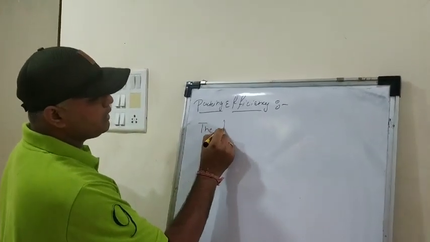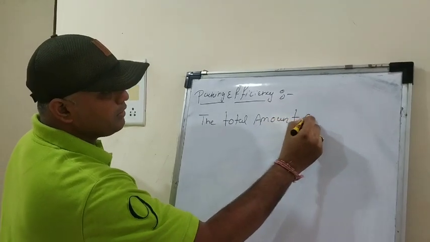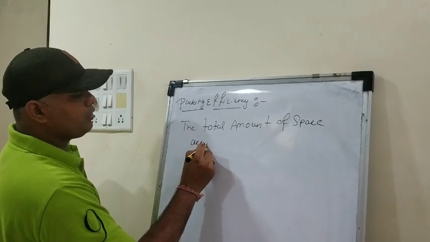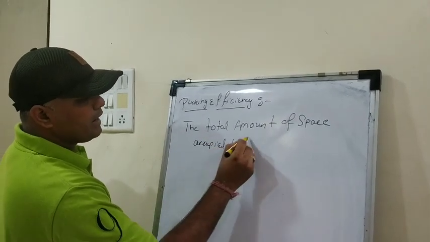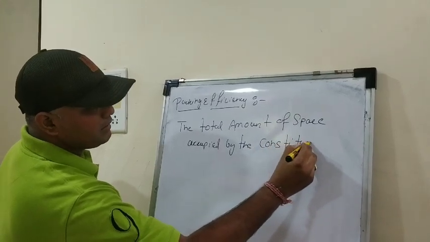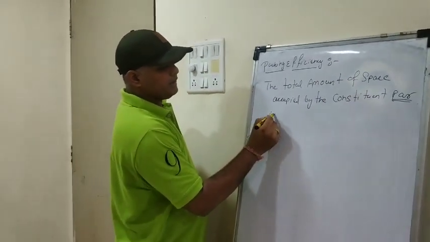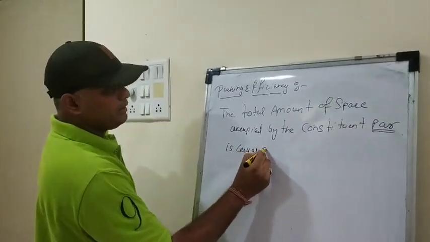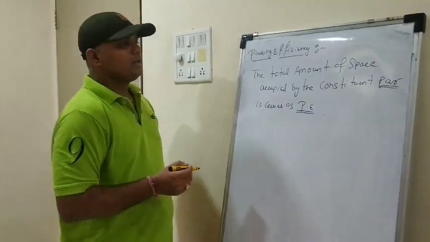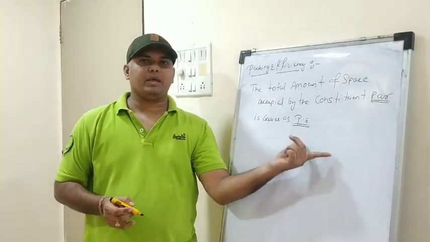The total amount of space occupied by the constituent particles is called packing efficiency, right? Have you understood this? The total amount of space occupied by the particle is said to be the packing efficiency.